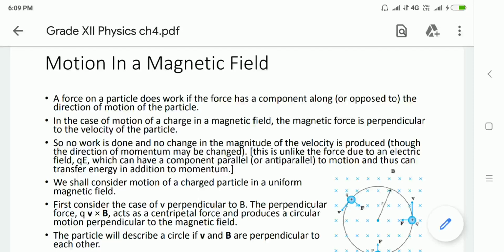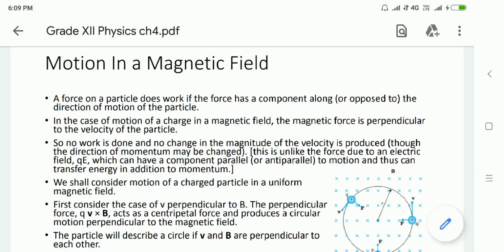In the case of motion in a magnetic field, the force must be perpendicular to the velocity of the particle. It means the direction of the motion and the magnetic force must be perpendicular to each other.